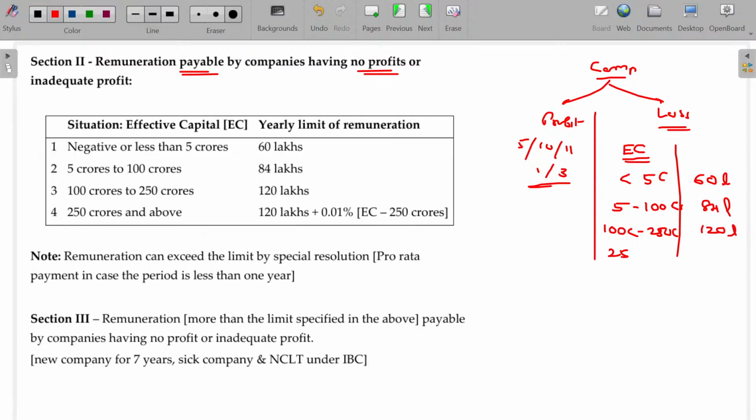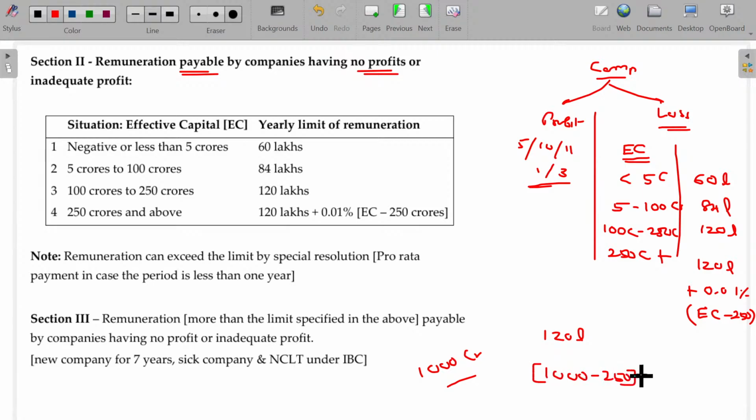If it is more than 250 crores, then 120 lakhs plus 0.01% of effective capital employed in excess of 250 crores. For example, 1000 crores. What could be the remuneration? In case of 1000 crores, 120 lakhs is constant, and from 1000 you subtract 250 crores. For that balance amount, 0.01% will be calculated.